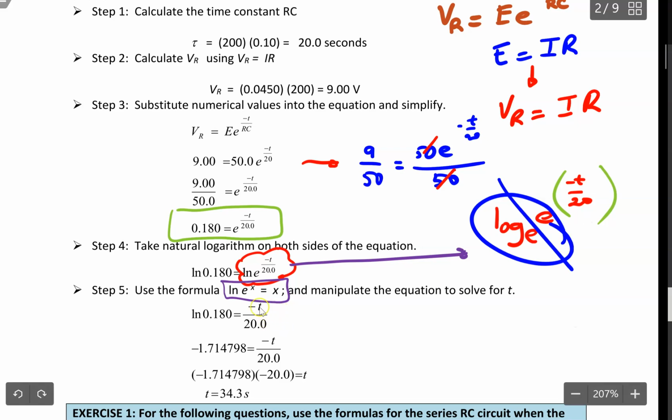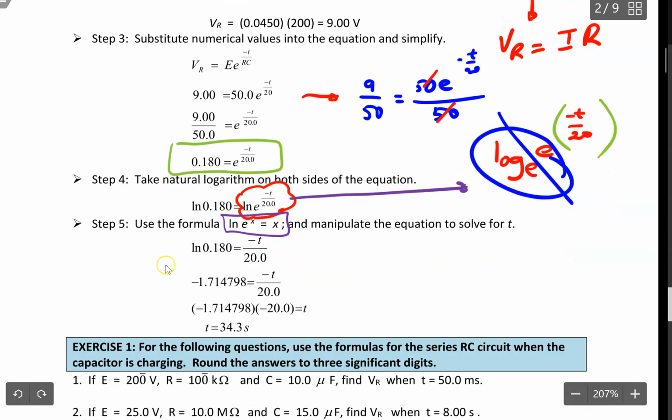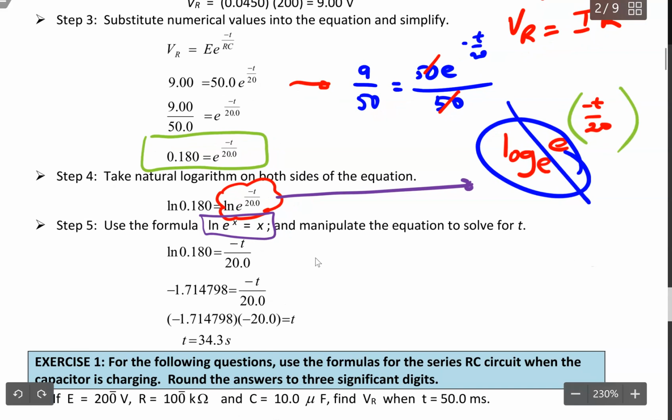So the other side equals negative t over 20. So you see, your equation now simplifies further to the step where you just perform order of operations, and it is very simple to solve for t in this case.